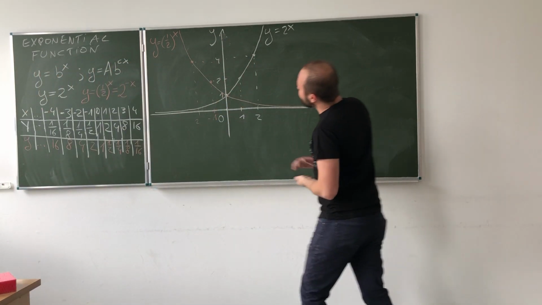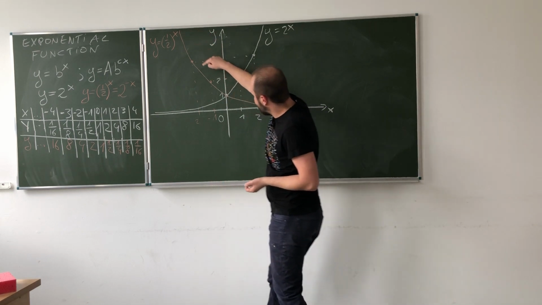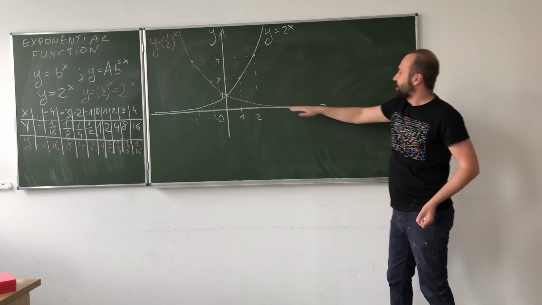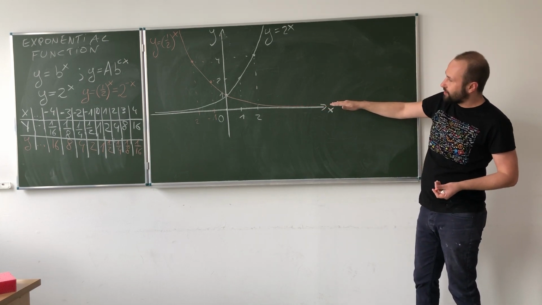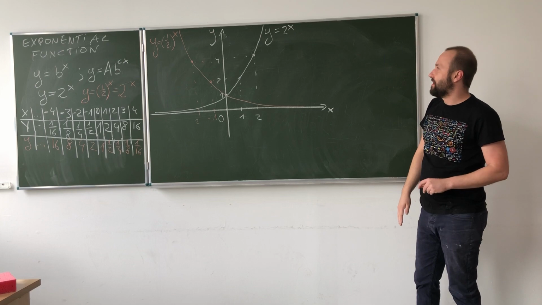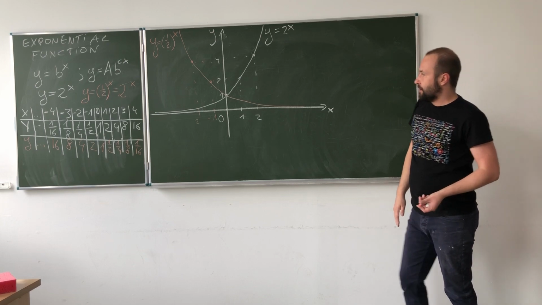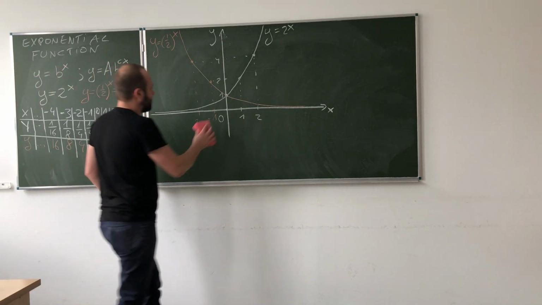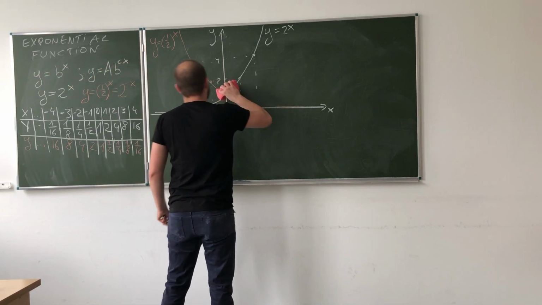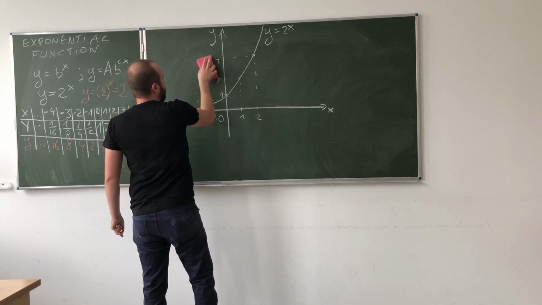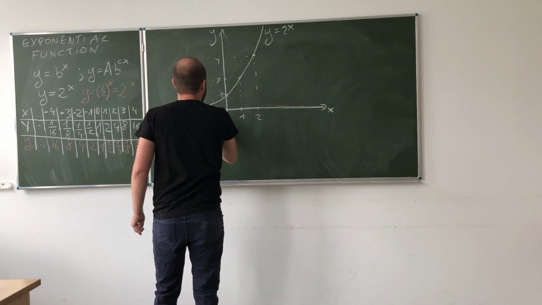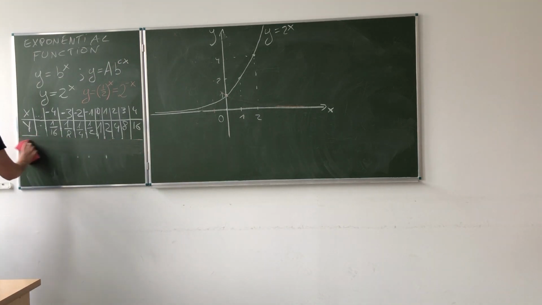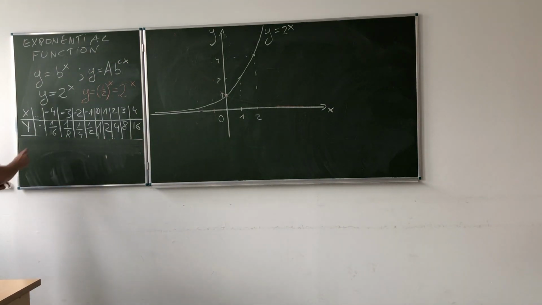And look, this function is declining, but it's declining slower and slower and slower. Here, we are getting closer and closer to the x-axis, but we are never reaching it. Okay, so knowing this gives us a good starting point for further transformations of the exponential function.